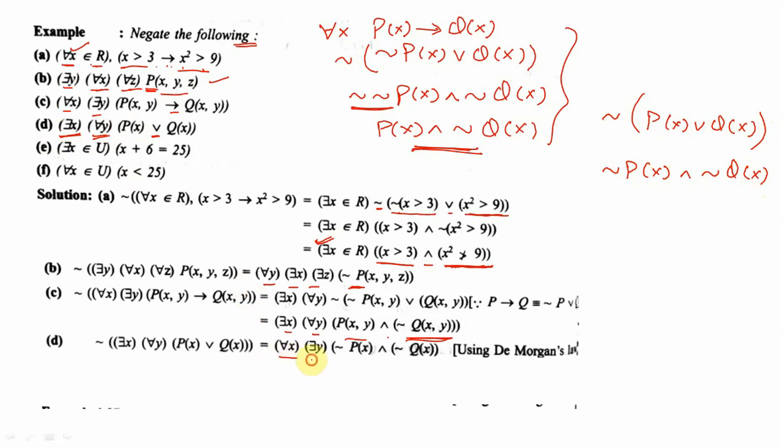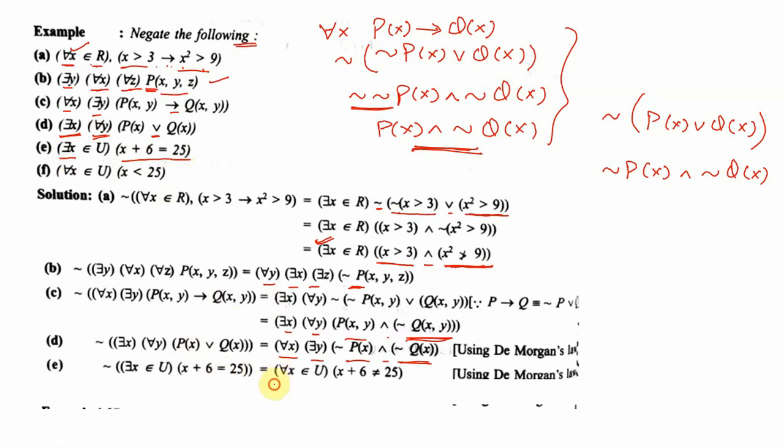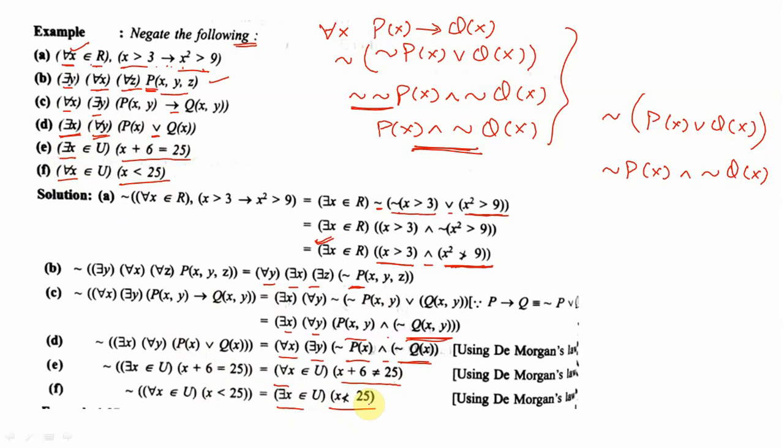So negation px and negation qx. Existential, x plus 6 is equal to 25. So universal, x plus 6 is not equal to 25. Universal, x is less than 25. This will become existential, x is not equal to 25.